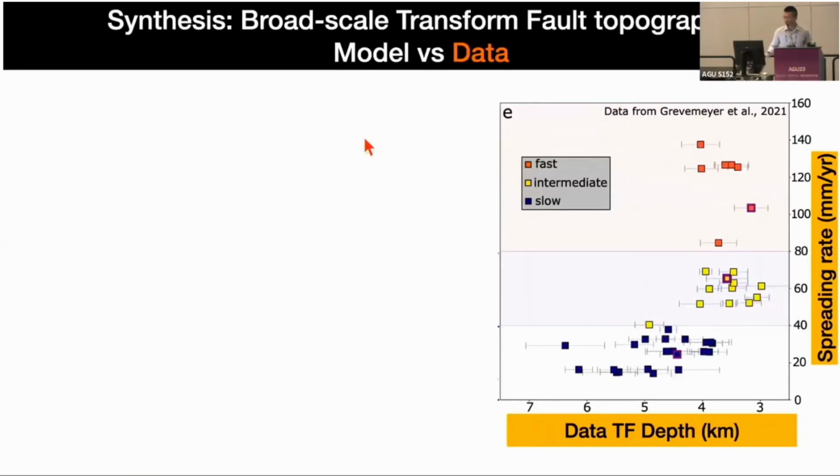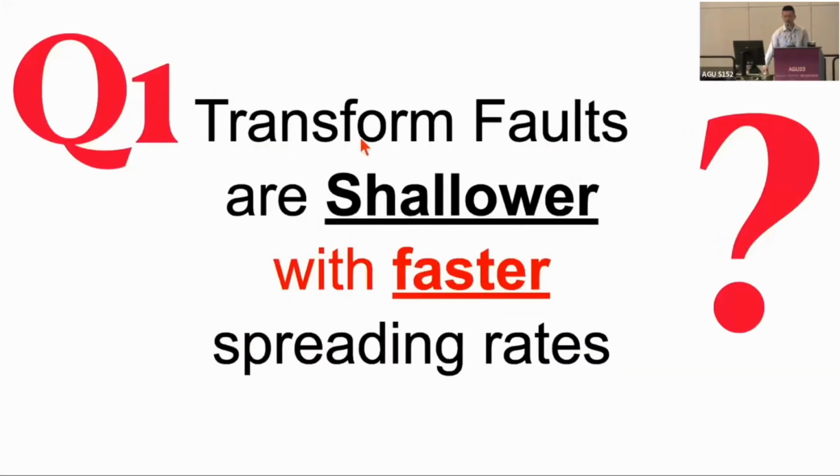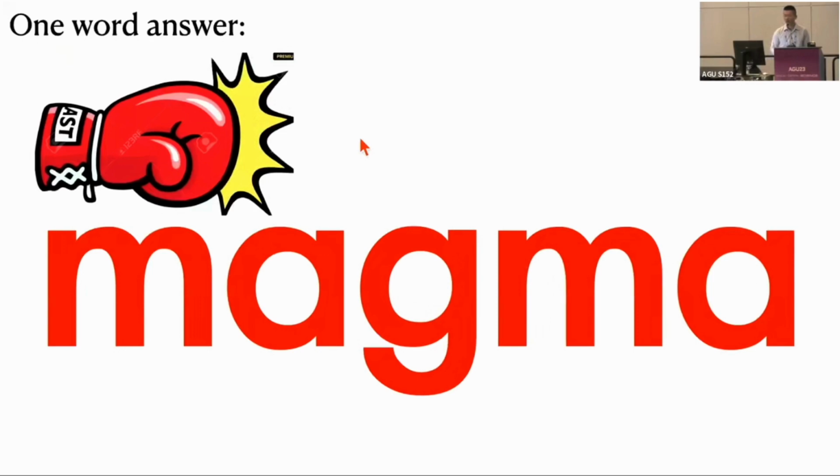As you remember this global systematic, because MT scales with spreading rate, our model reproduced that same trend. So for the first question, here's our answer: spreading-rate-dependent magmatism within the transform domain controls the global systematics of broad-scale transform topography.